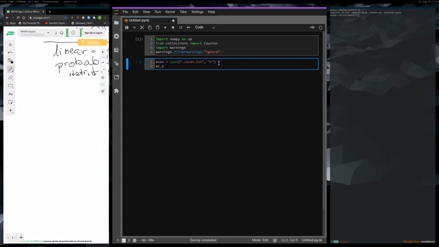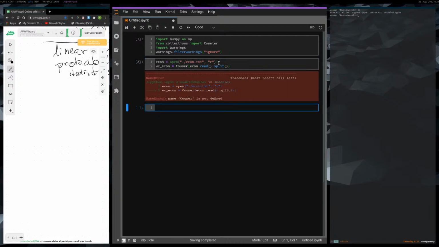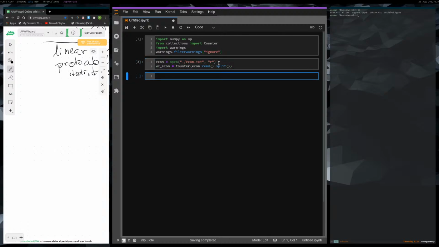Word count from economy, counter, econ read. This is just preparation, I'm not explaining much because I'm not doing anything magical here. And we're going to do the same with the second text, and we're going to try and compare them and talk about linear algebra a little bit more.